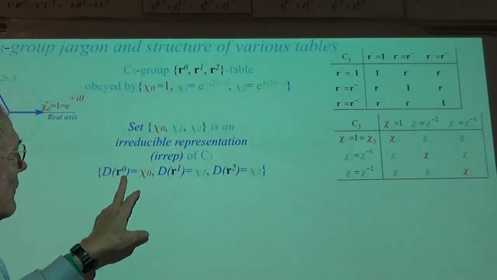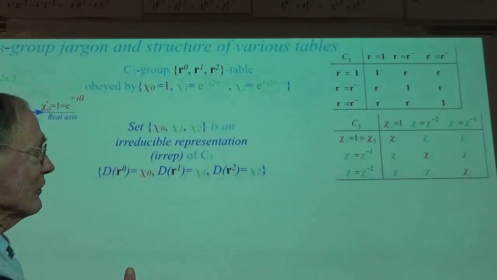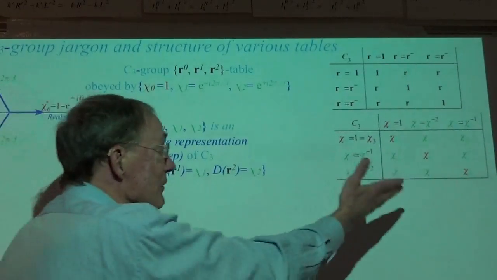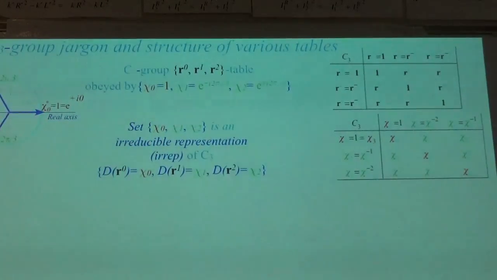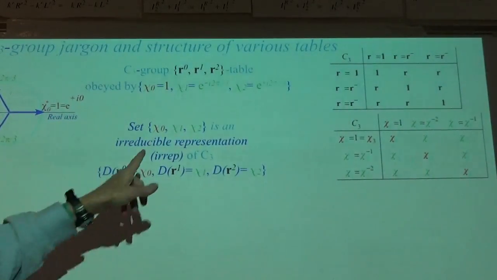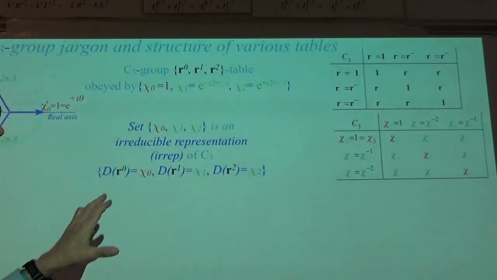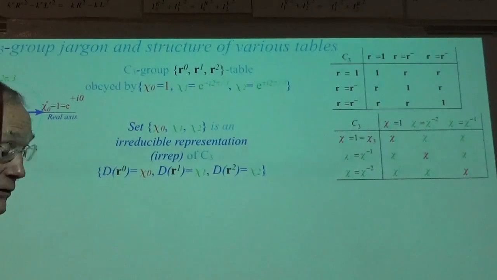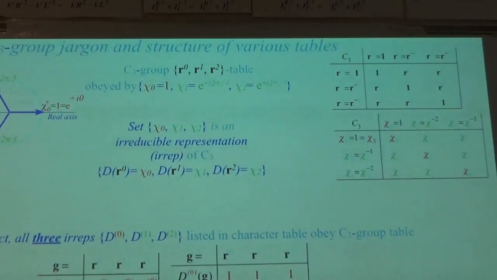But these characters you see are representations of this group. These numbers obey the group table for this cyclic group, and they can't be reduced any further, so they are irreducible representations, trivially so. And we'll get that later on.